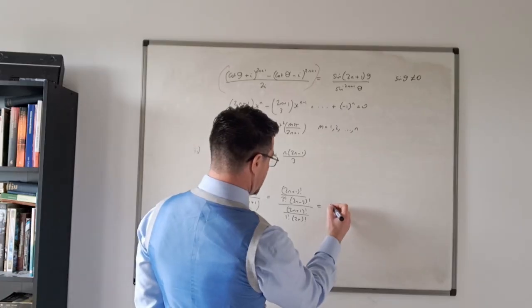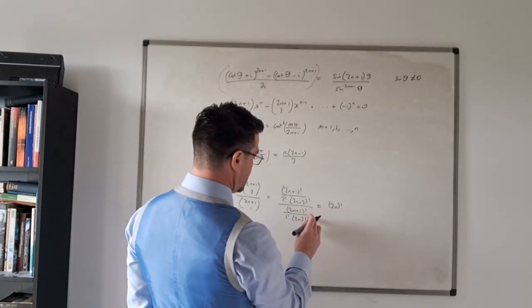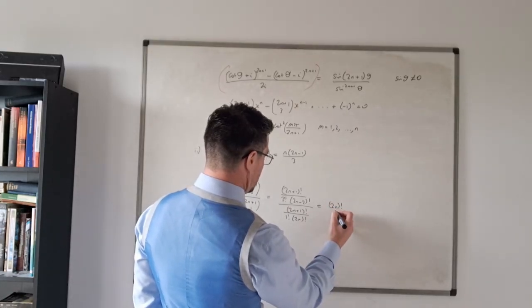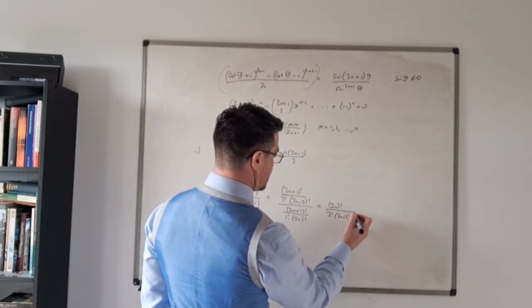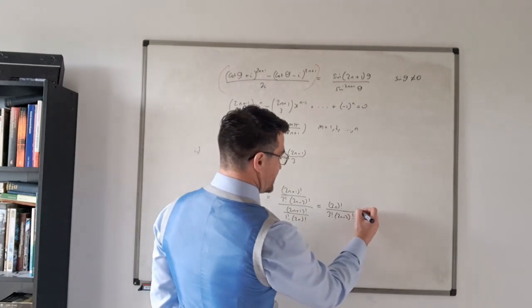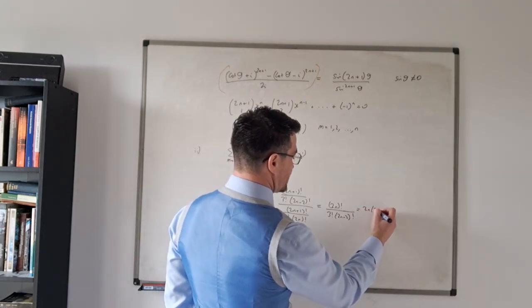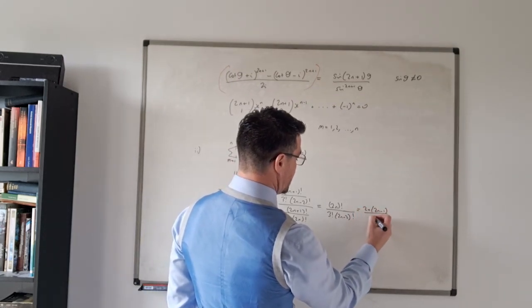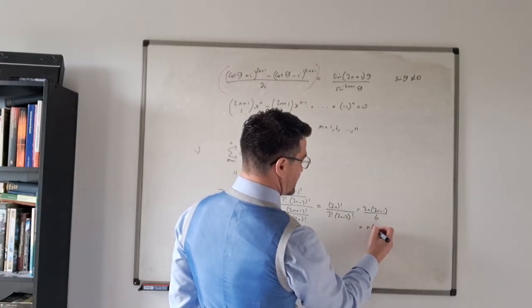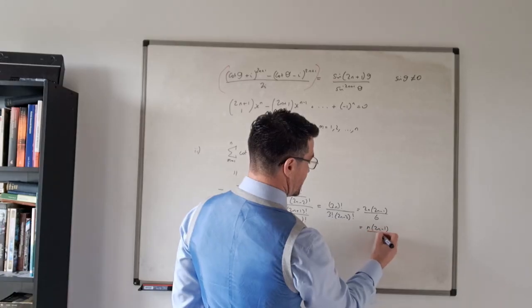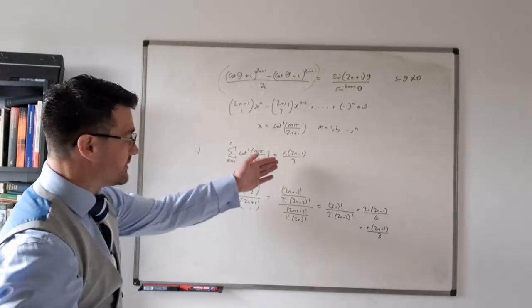So it's going to be 2n factorial over 3 factorial times 2n minus 2 factorial, which is equal to 2n times 2n minus 1 over 6, which is equal to n times 2n minus 1 over 3, which is exactly what we needed.